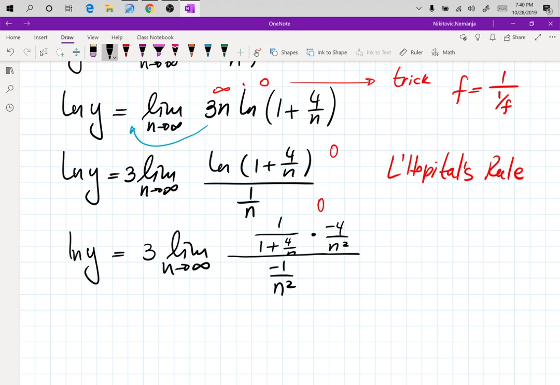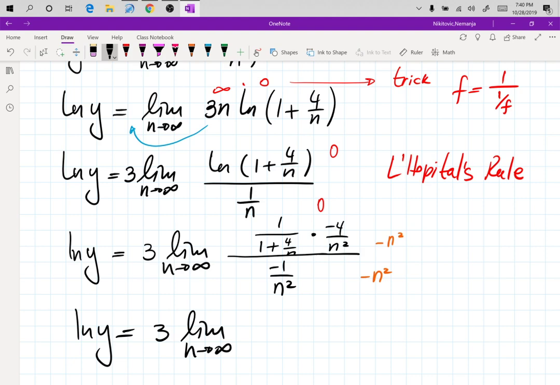Now I'm going to multiply by negative n squared to kill the double fraction.